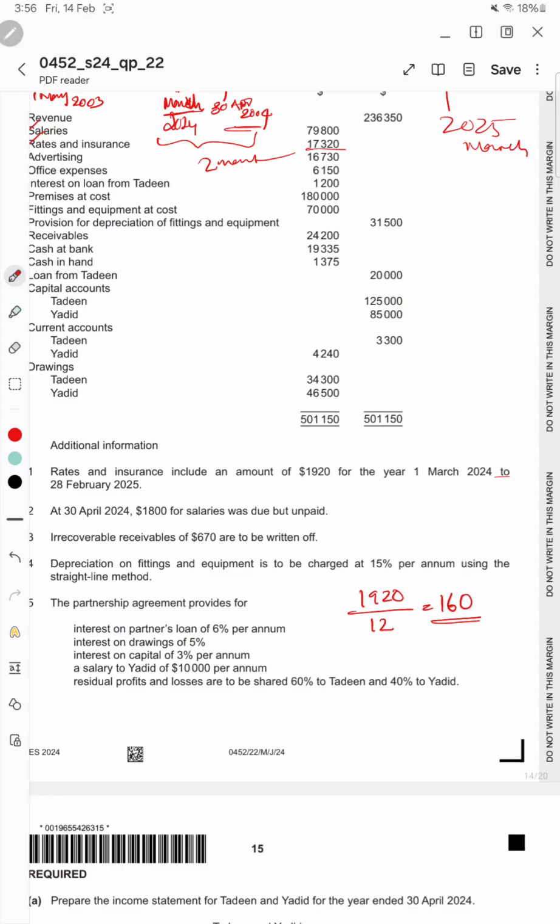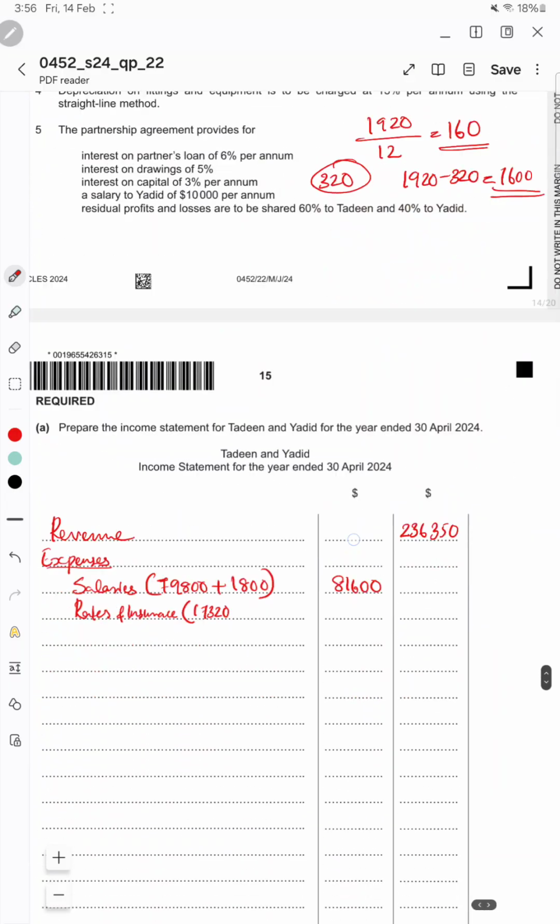Only 2 months, so only 320 is related to this year. The rest is related to the next year. So 1920 minus 320, this 1600, is prepaid for the next year. Prepaid should be deducted from the income statement.